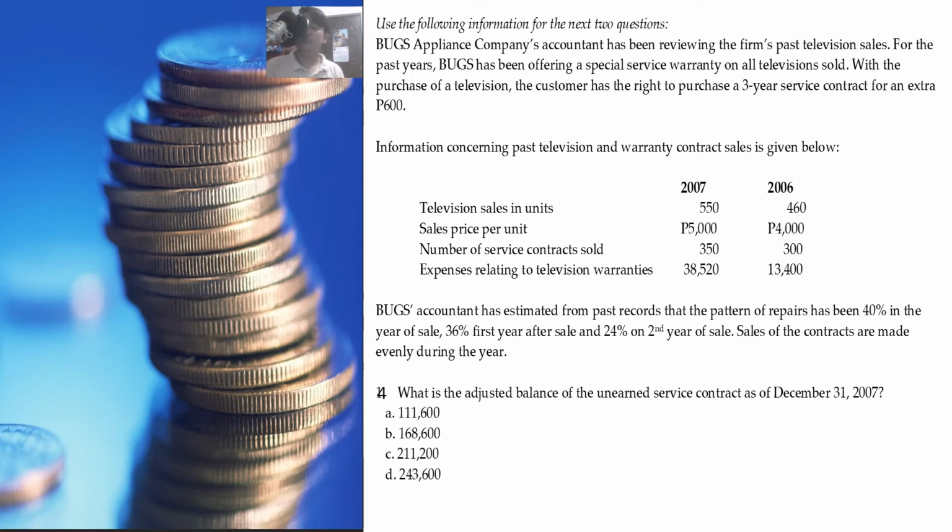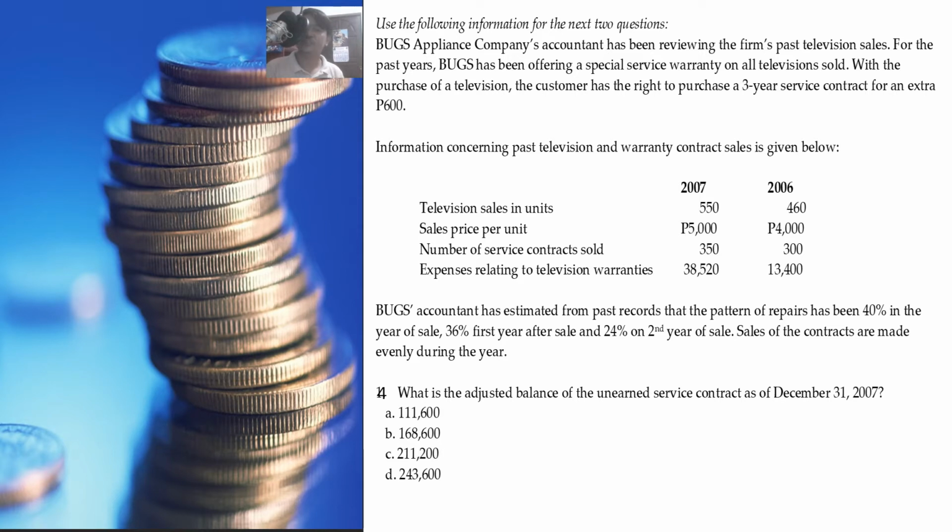Bugs Appliance Company's accountant has been reviewing the firm's past television sales. For the past years, Bugs has been offering a special service contract on all televisions sold. With the purchase of a television, the customer has the right to purchase a 3-year service contract for an extra 600.